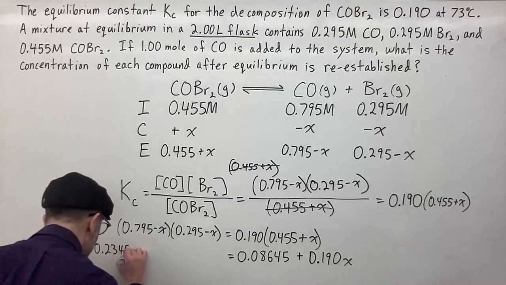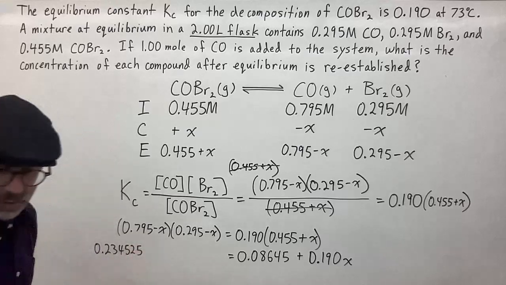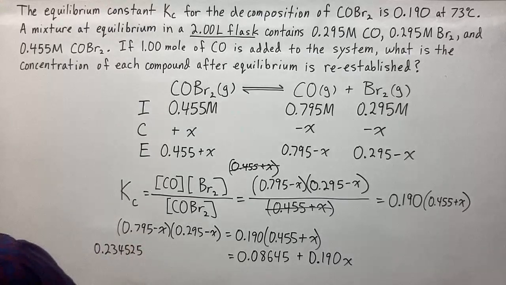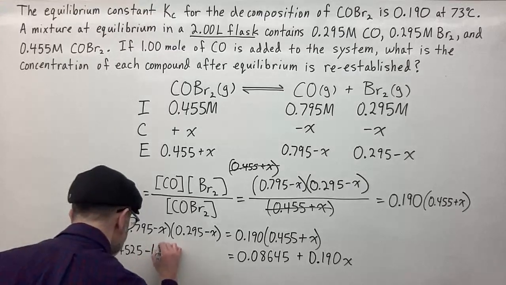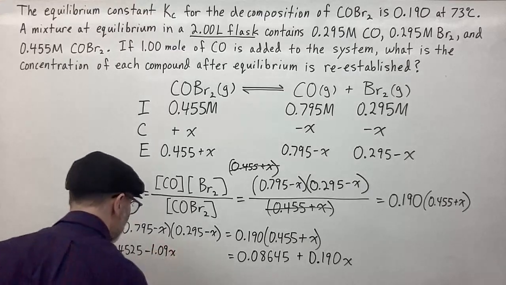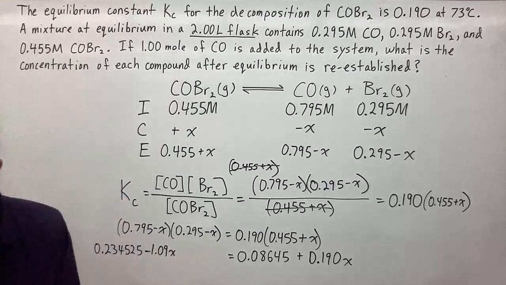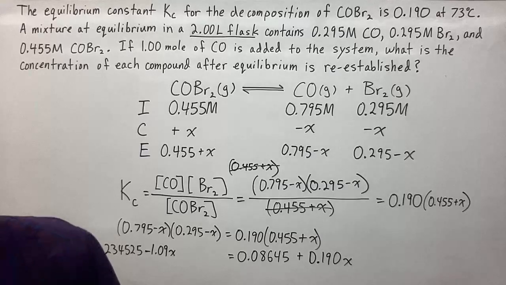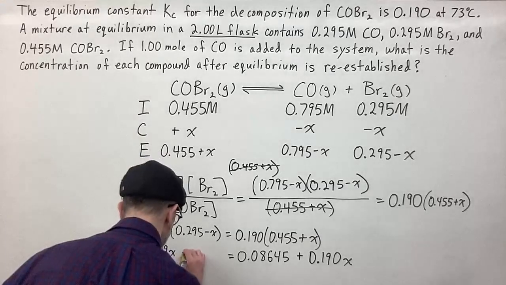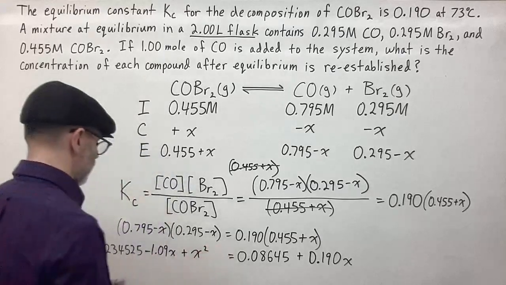So 4525. And then minus 1.09x. And then I get plus x squared.